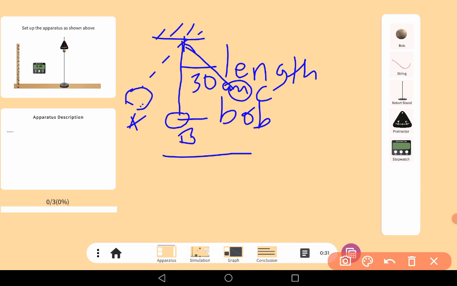Right, so what are we saying? We are going to see that if you change the length of the string, make it a bit longer, and repeat the experiment, you find that when the length is increased, the mass will be oscillating slowly.